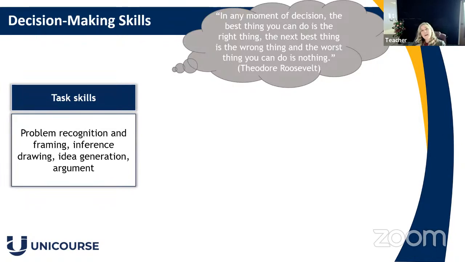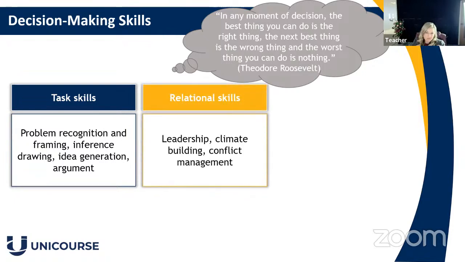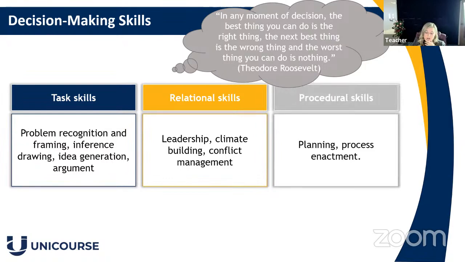When making decisions, there are a couple of characteristics and behaviours that are useful. One of them is being quite assertive and showing that you're confident within the decision that you've decided on. But there's also different skills such as task skills, relational skills, and also procedural skills.